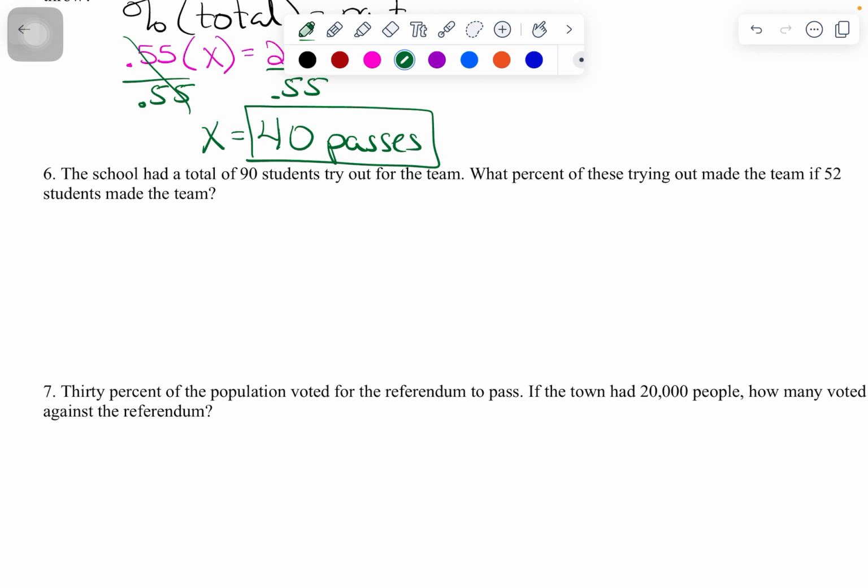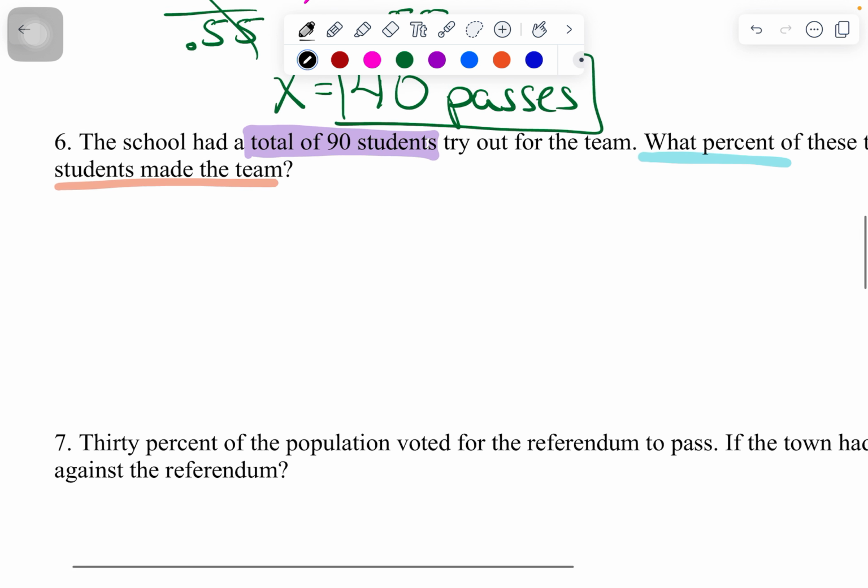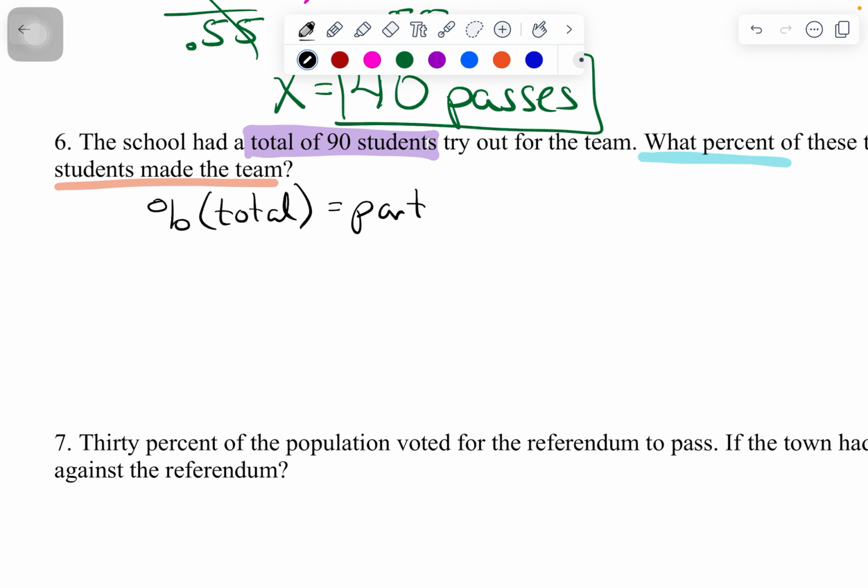School had a total, again, keyword here, total of 90 students try out for the team. What percent, that's what we're looking for, 52 students made the team. So what we're always talking about here, percent times total equals part.